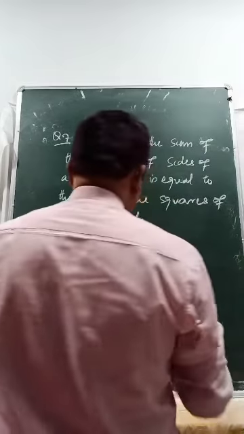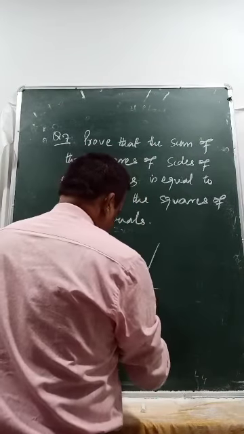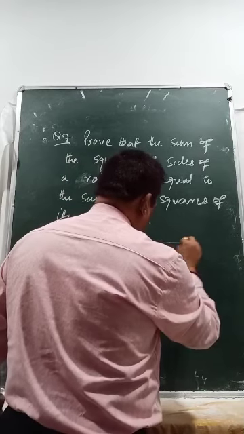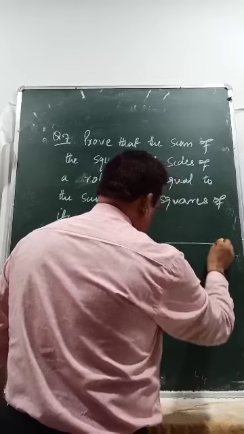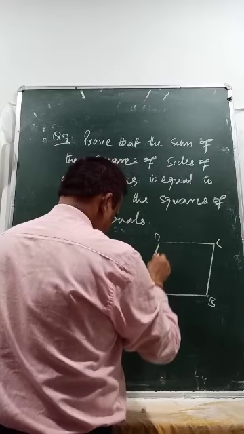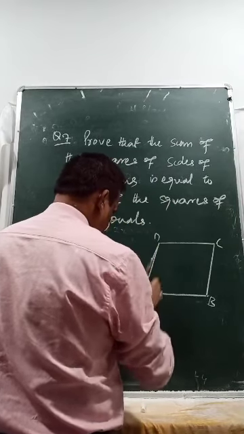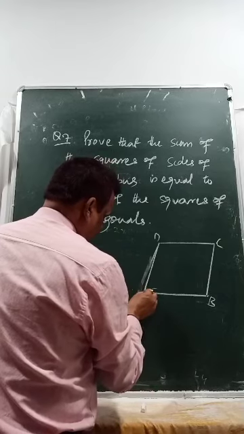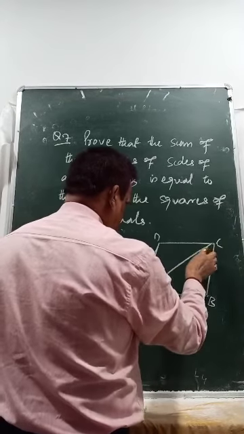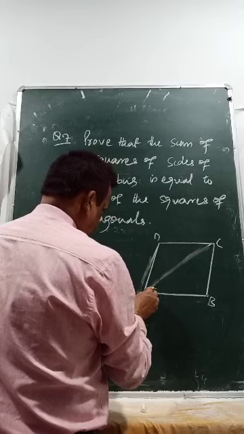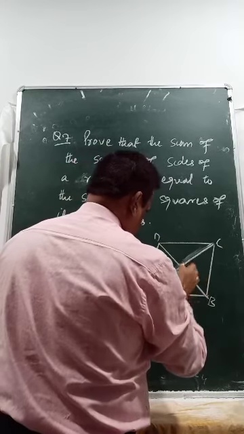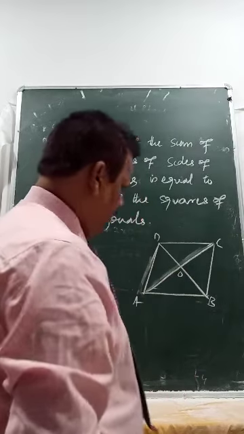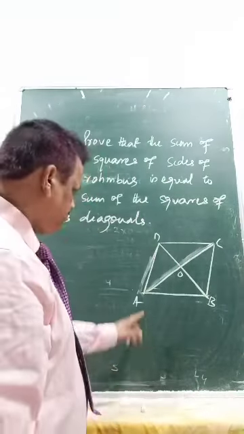Okay, so look at here. What is called a rhombus? All sides are equal. A, B, C, D. Then this is O. Achha, what is rhombus first?